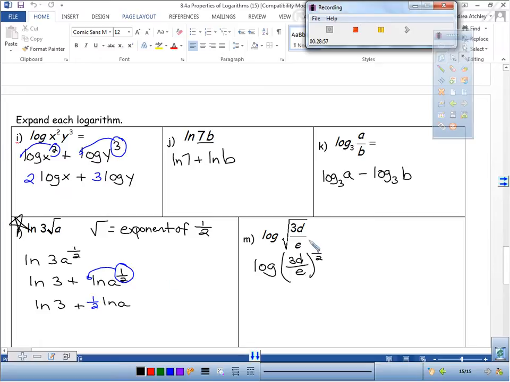Okay. So since I want this 1/2 to be for everything, I'm going to put this whole thing in parentheses. And then do the log of 3. 3 and d are being multiplied, so I'm going to add the log of d.